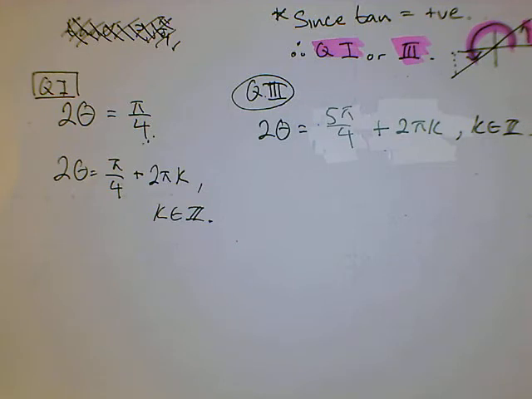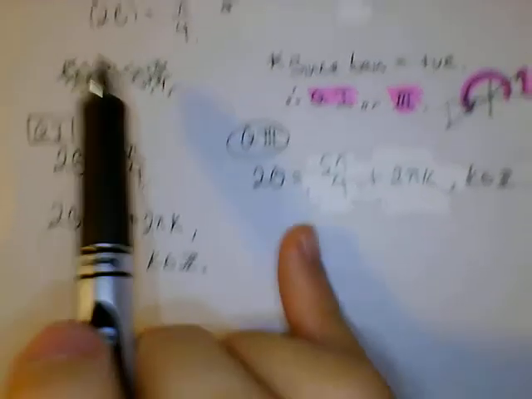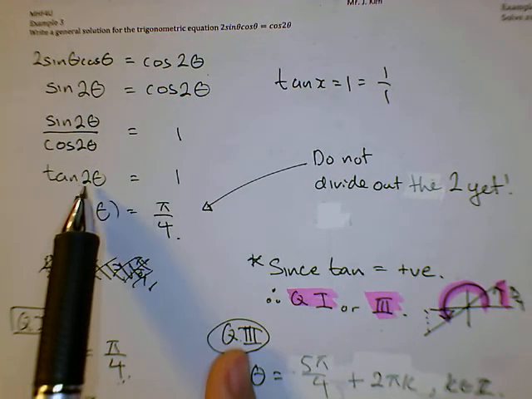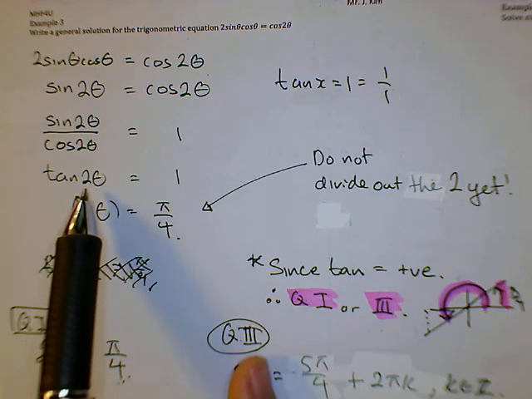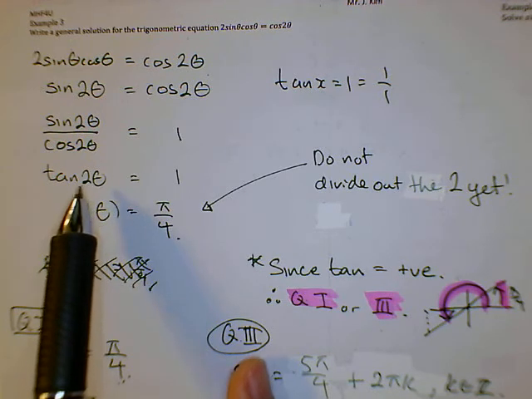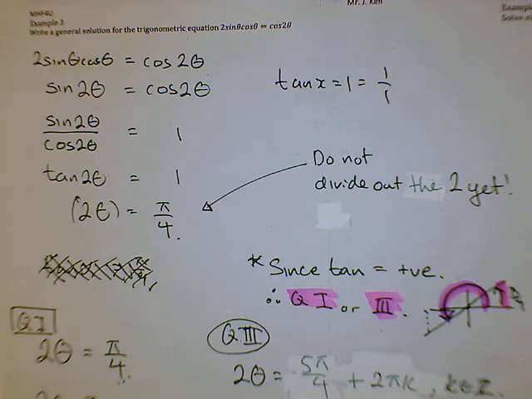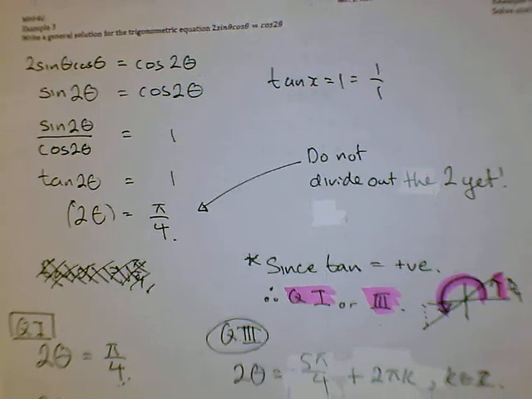Scratch that. Backtrack. If there's a number that's multiplying within the ratio, is that an A, K, D, or a C? It's a K. 2 means I am making the period compressed. I'm multiplying everything with a half.